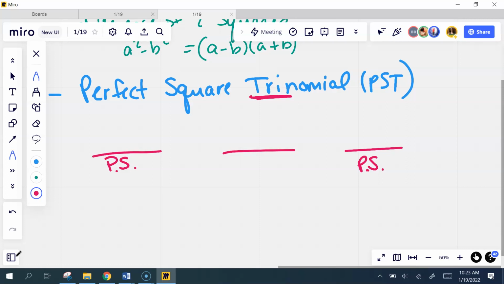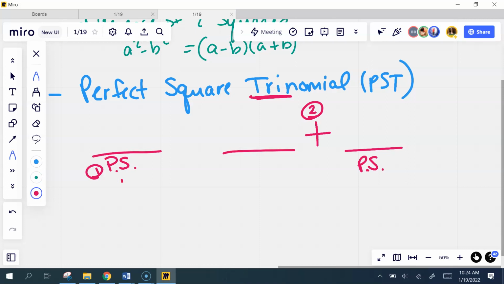The last sign has to be a plus. So here's requirement number 1, requirement number 2, and then the third thing is the one that makes it the hardest to recognize.